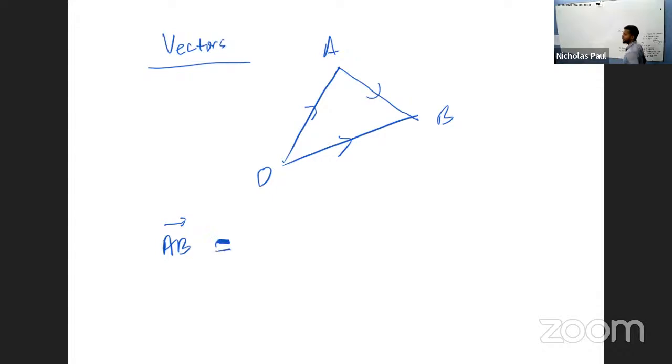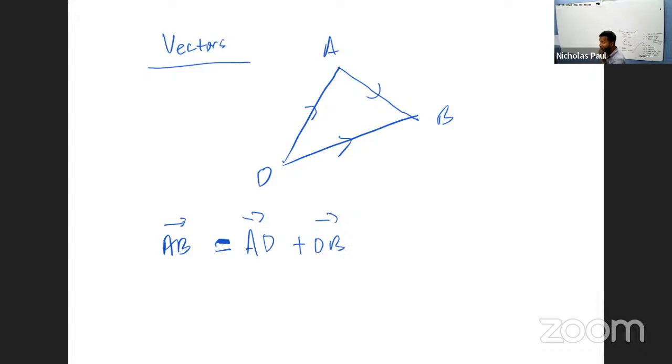The alternate route from A to B along the triangle would be A to O plus O to B. That was the triangular law that we did.